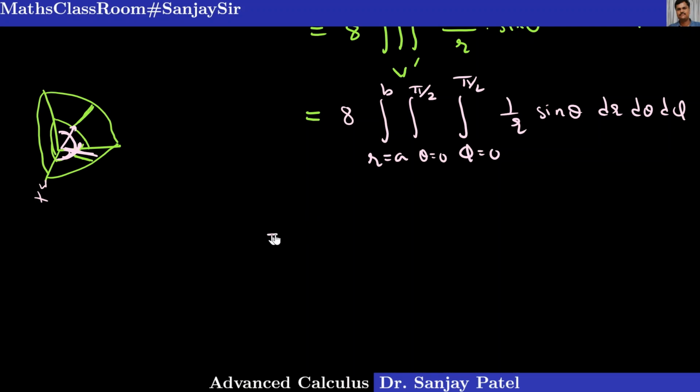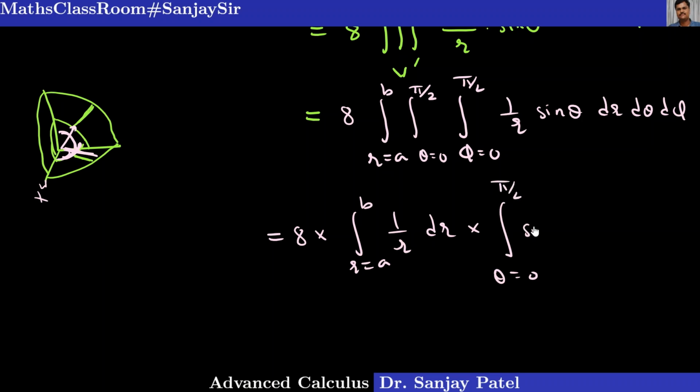So I can rewrite this as 8 into the integral from r is equal to a to b of 1 upon r dr, into the integral from theta is equal to 0 to pi by 2 of sine theta d theta, into the integral from phi is equal to 0 to pi by 2 of d phi, that is integration of 1.